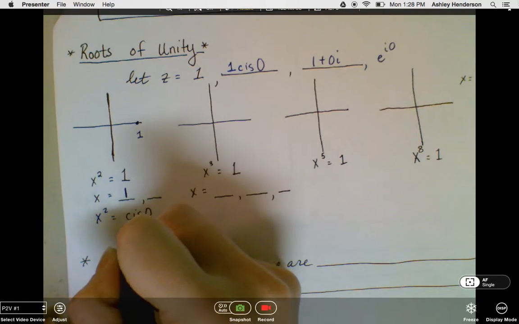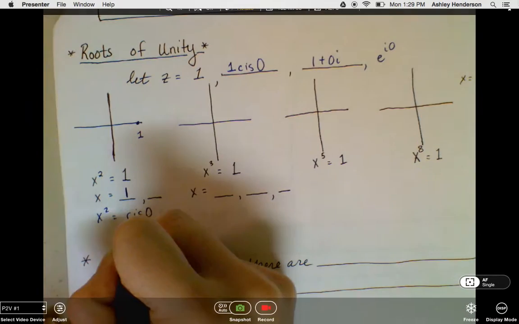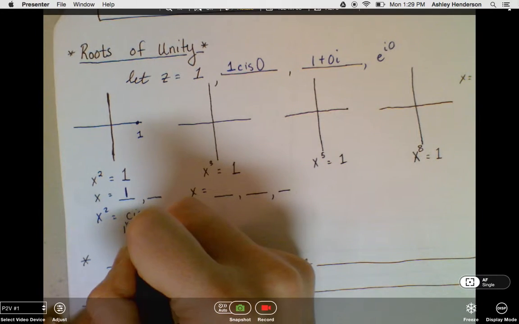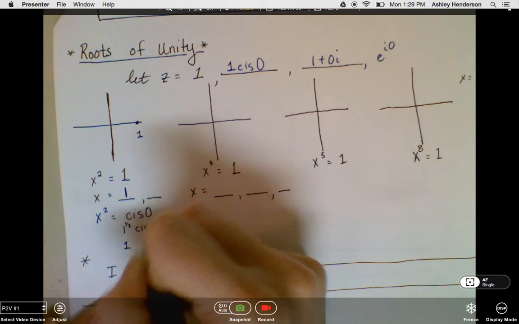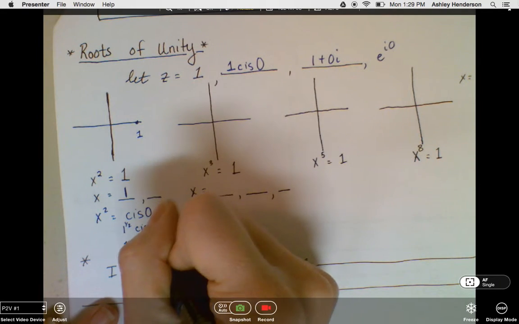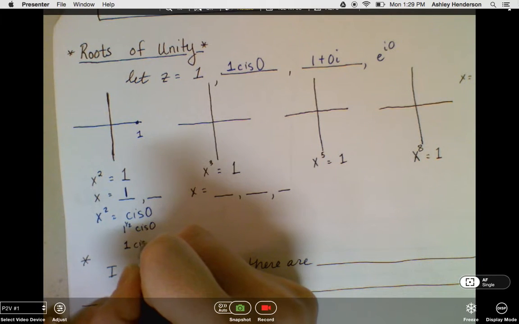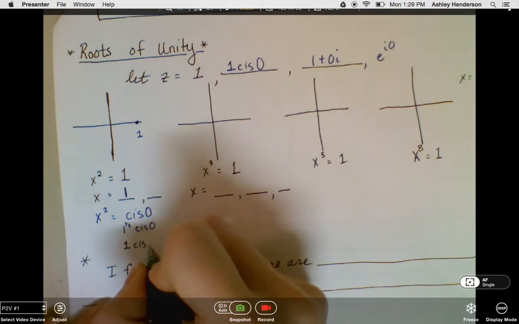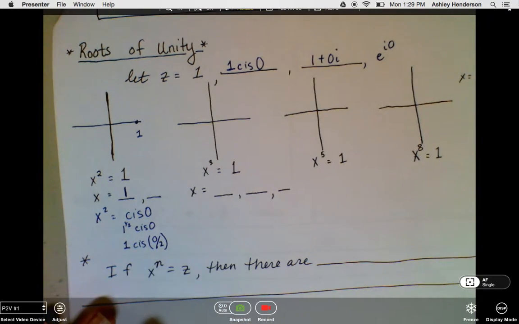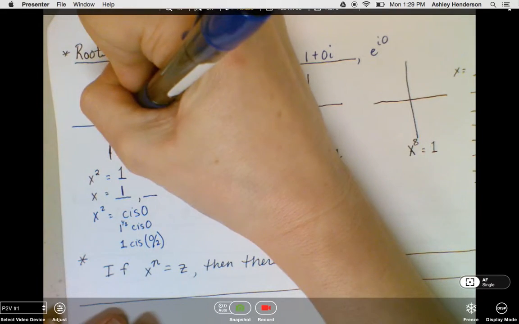Okay. Well, what is 1 to the 1/2? It's just 1. And then cis 0, well, what's 0 over 2? It's also 0. Okay, so there's one of our answers.